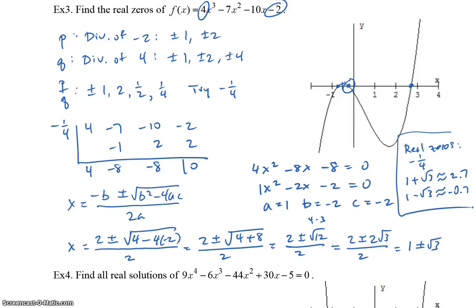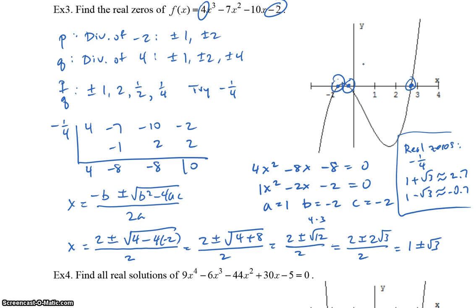Notice one other thing. Negative 1/4 corresponded to the x-intercept that's circled on the graph. The other two x-intercepts correspond to the irrational zeros, and you can see that does make sense. 2.7 does appear to be this value right here, and negative 0.7 would be this value right here.